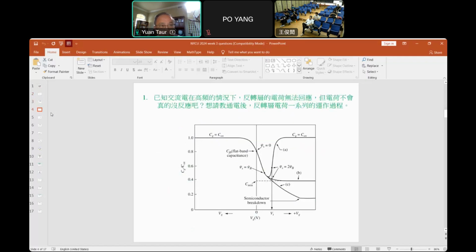Next is, okay. If you bias here, let's say for curve B, you bias beyond the two phi B condition, and then the emerging charge cannot respond to the AC modulation, so the capacitance remains due to the depletion.